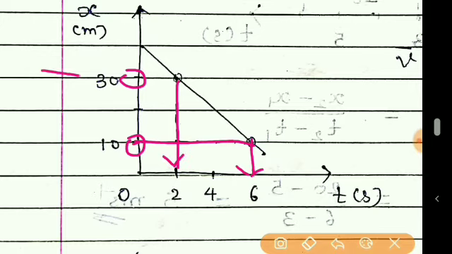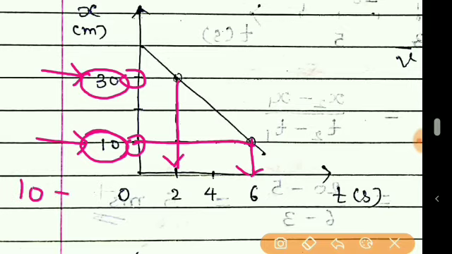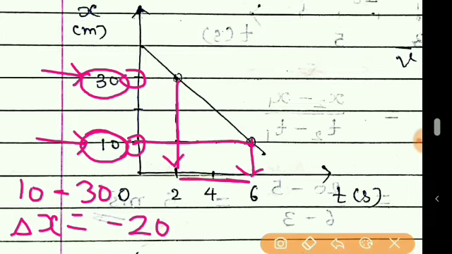So this is the initial position and this is the final, and if we take the difference, final minus initial, so 10 minus 30 will give you minus 20. So what is our delta x? Delta x is minus 20 and delta t was 4.